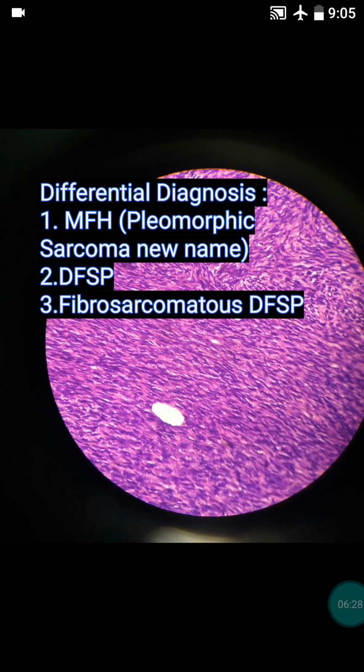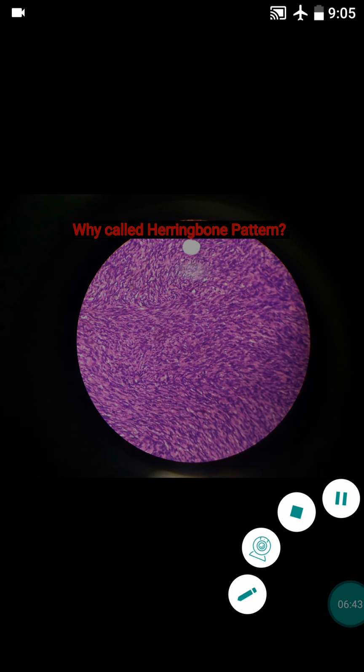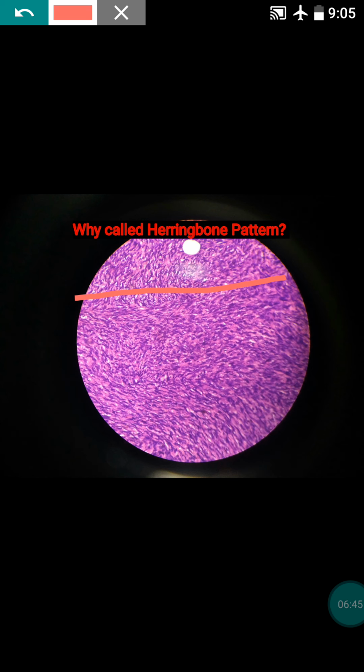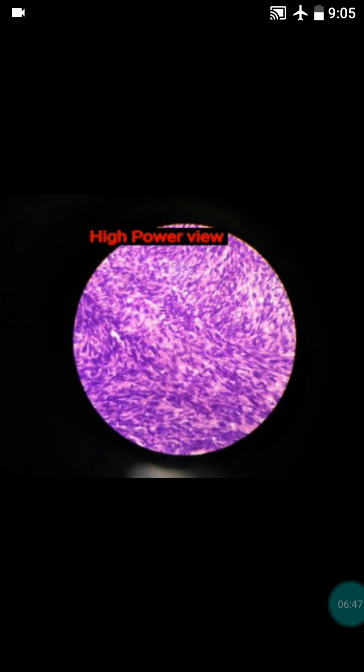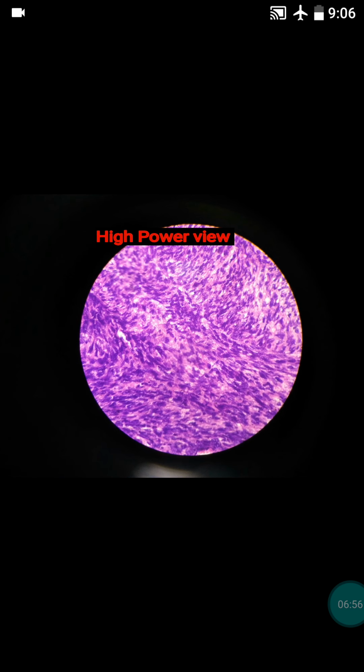Again, I am summarizing. There will be proliferation of fibroblastic cells. All these are fibroblasts. There is usually pink colored collagen in between the fibroblastic proliferation. The pattern is herringbone. You can see some amount of mitosis. Here is the presence of mitosis. And the atypia is minimal.